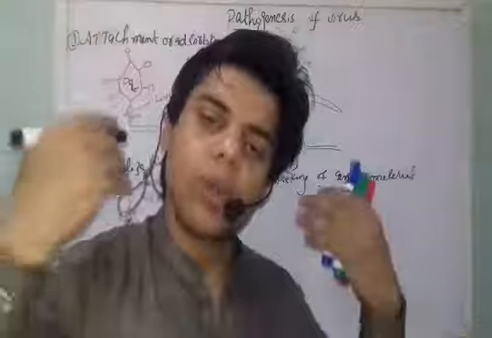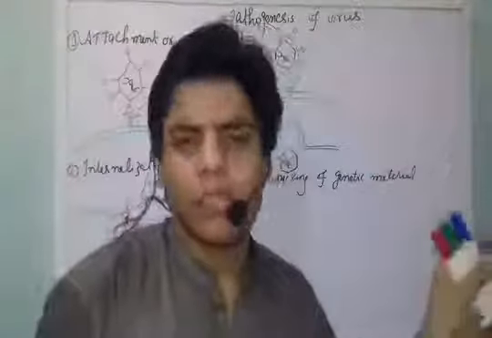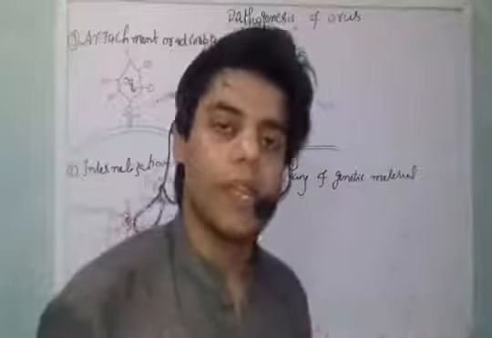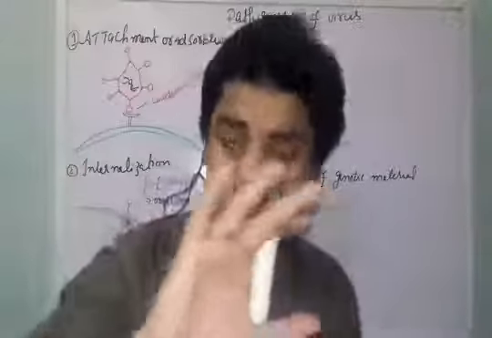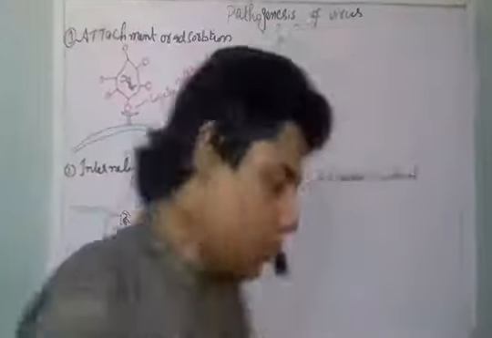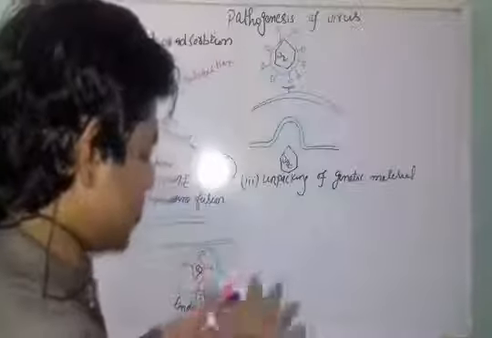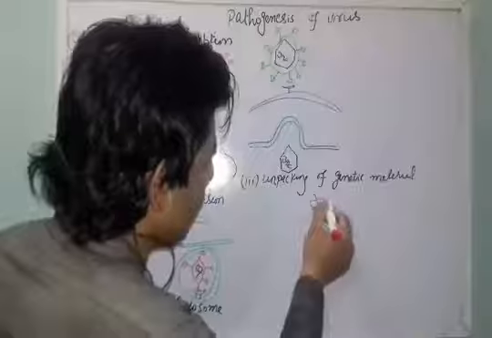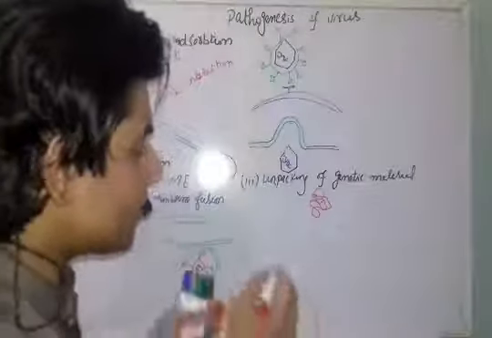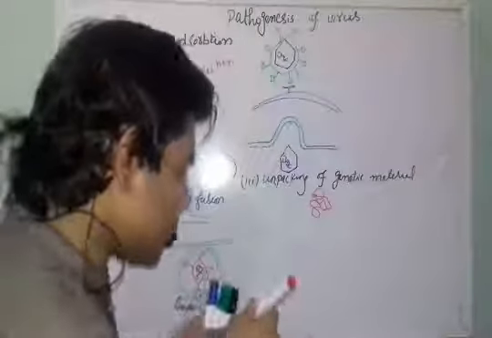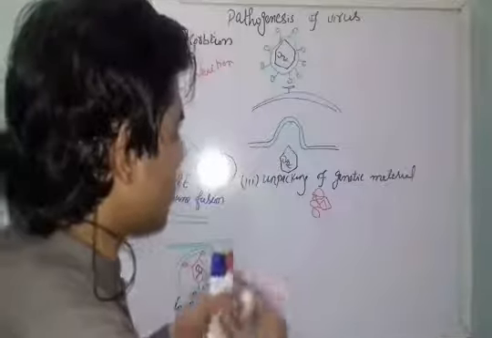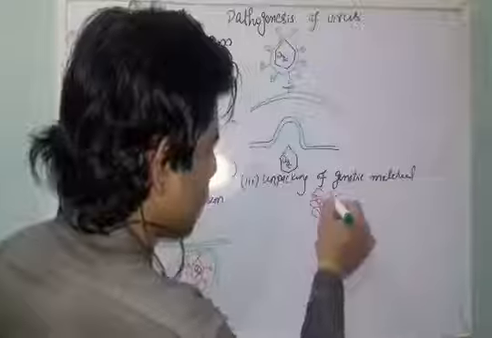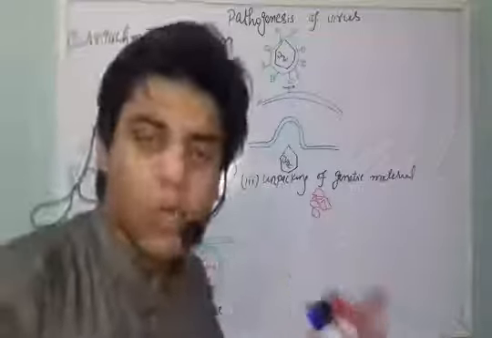Now let's suppose the virus is fully internalized through cell mediated endocytosis or through membrane fusion. Once the virus is internalized, then they will release the genetic material. So let's suppose this red one represents the genetic material of the viruses. Not only the genetic material, the proteins will also be internalized, meaning the capsid area will also be internalized.